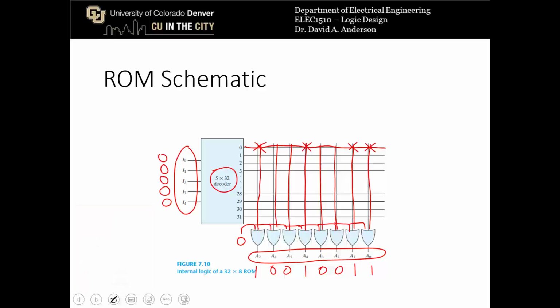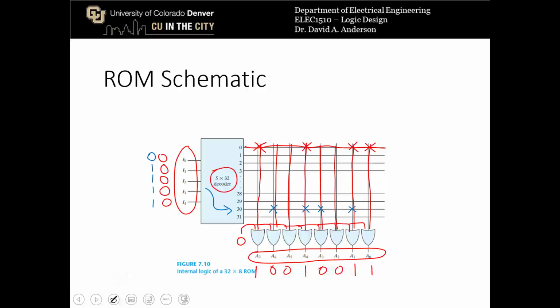So now let's say that I input address 0, 1, 1, 1, 1. That's going to be address 30, which means that whichever lines are connected here are going to show up at the output. So let's create some connections there.